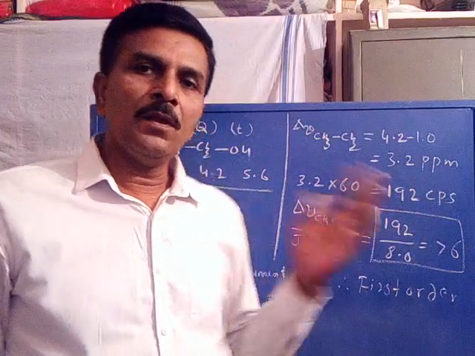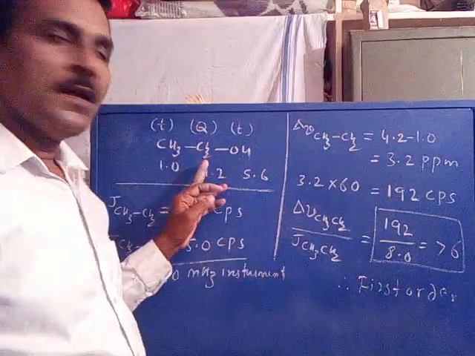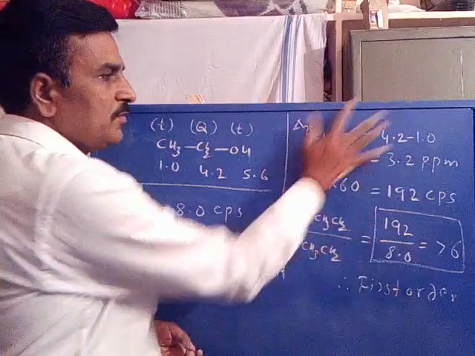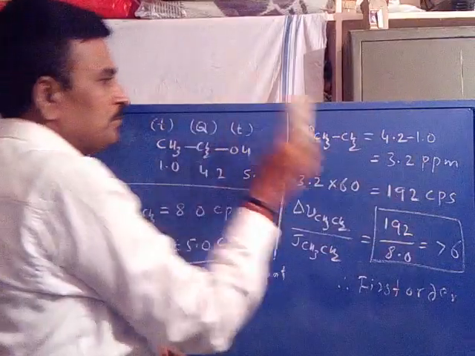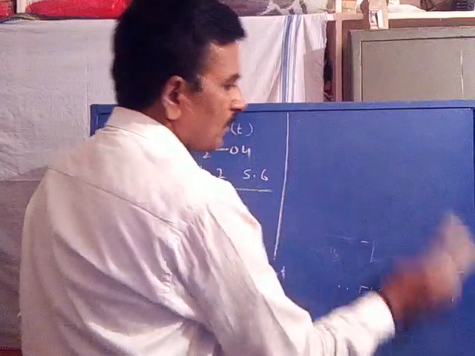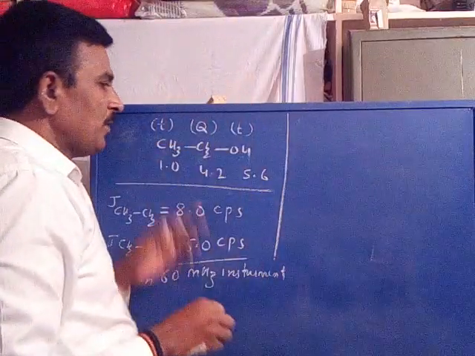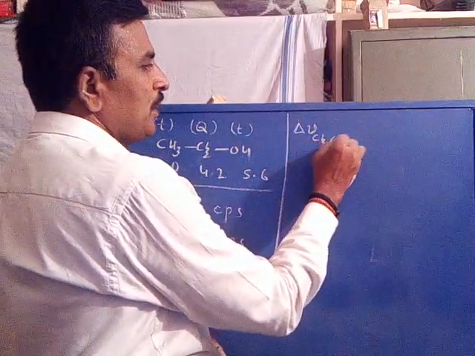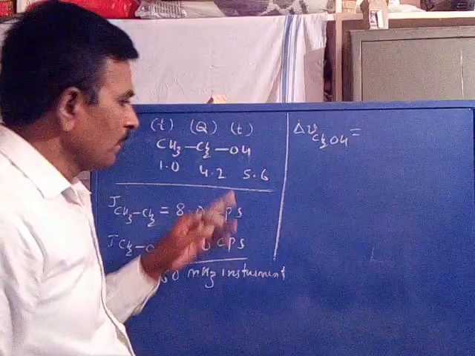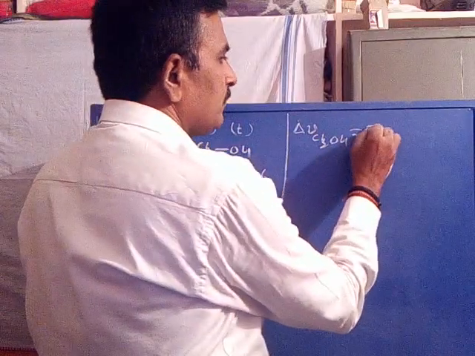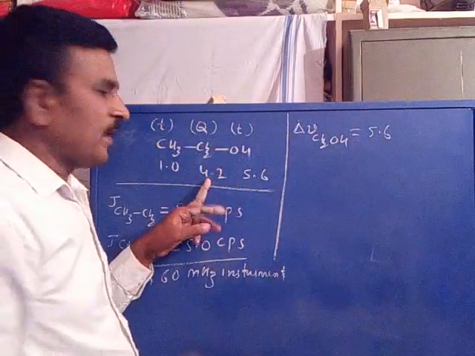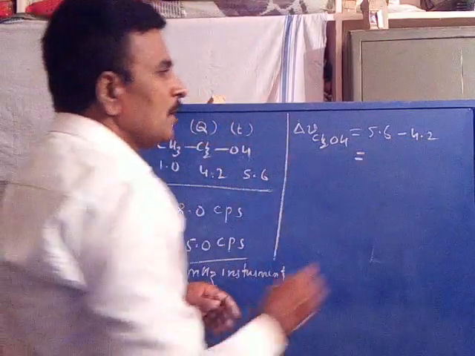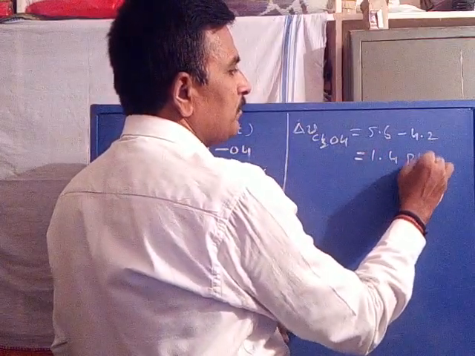Is it clear? Now let us calculate what the order is between the CH2 and OH protons. So that was for the CH3CH2 protons. Now the frequency difference between CH2 and OH: OH 5.6 minus CH2 4.2 equals 1.4 ppm.